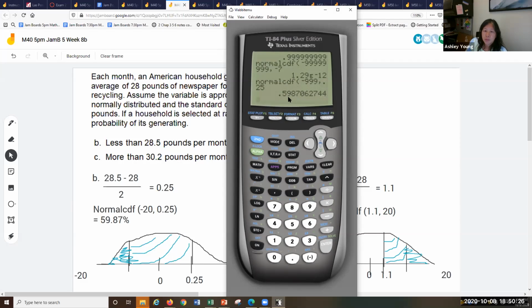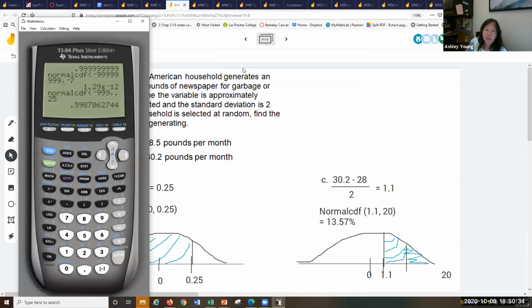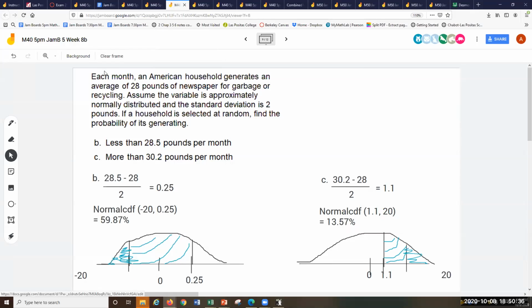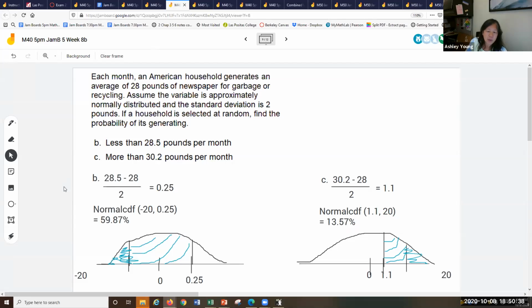Yep, 0.5987. Did you do a negative number? I used positive. Sorry, I forgot about the negative. Ah, that would be why. Great. Because it's less than, so it's got to be negative. Okay, great. Looks good.